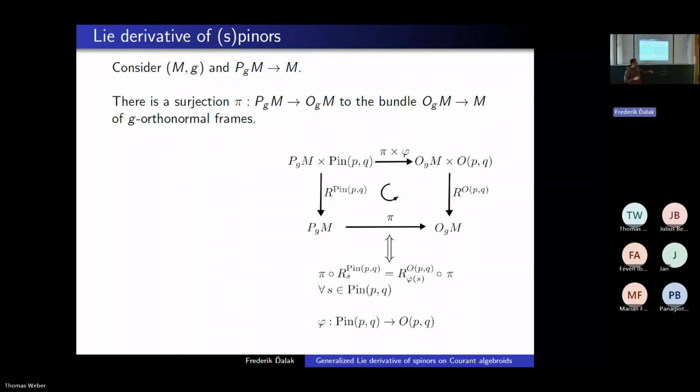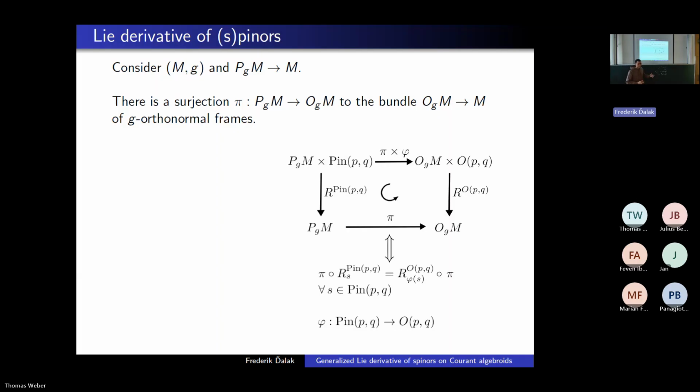What this diagram essentially tells us is that fiber-wise, once you identify the fibers of the principal bundles with the groups, being the pin group and the orthonormal group respectively, this surjection just becomes the double cover on the fibers.